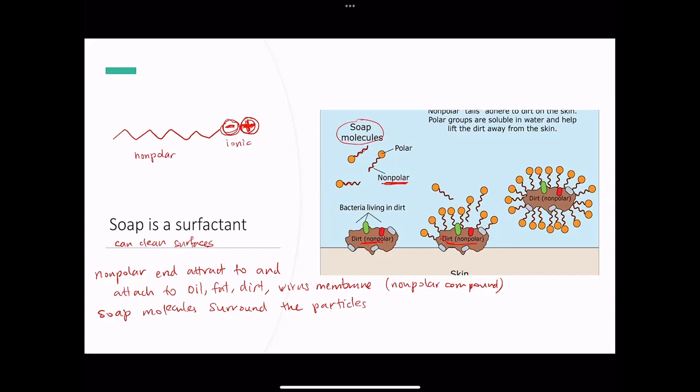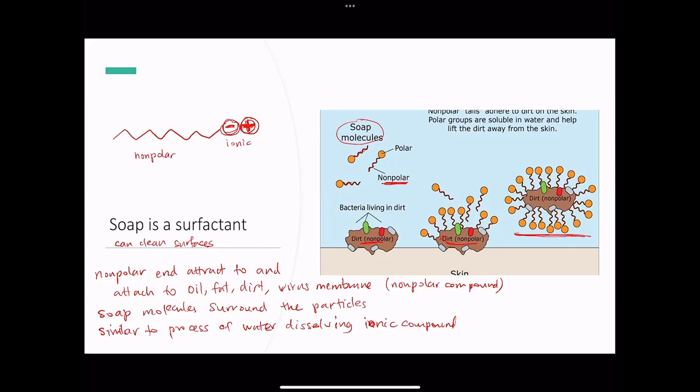Okay, and in that process of surrounding, we've seen before that it's similar to the process of water dissolving an ionic compound. So what water does is it will be attracted to the ions in an ionic compound and surround the ions and pull them off one at a time. We've seen this a few times in lecture and in lab.